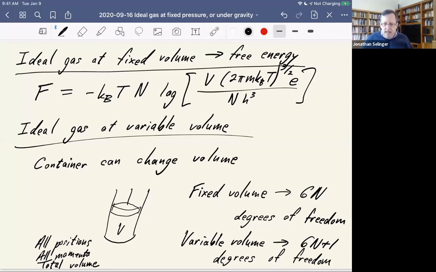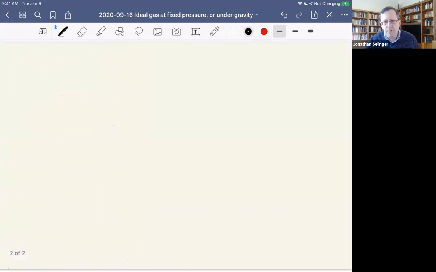Okay, now suppose we want to follow the same kind of procedure that we did with the magnet. That is, we want to classify microstates into macrostates. So we're going to do this classification problem once again.